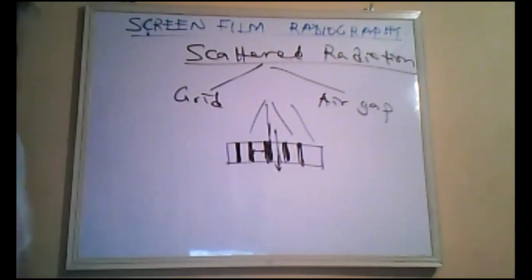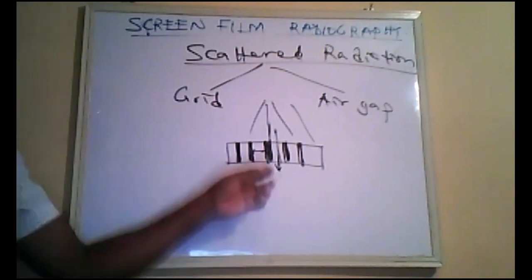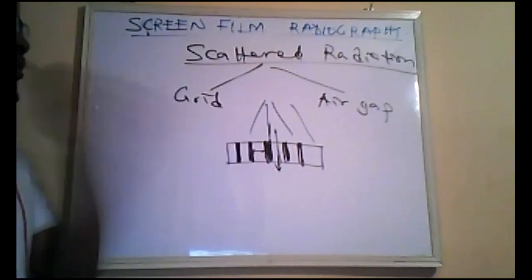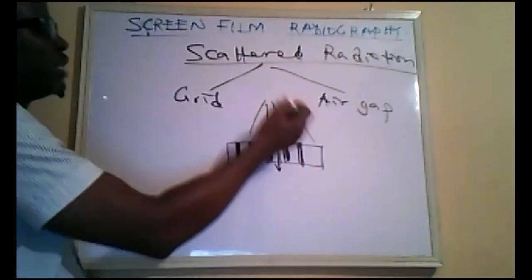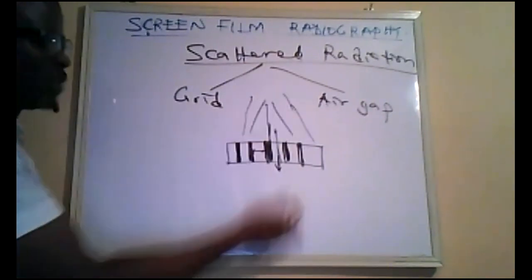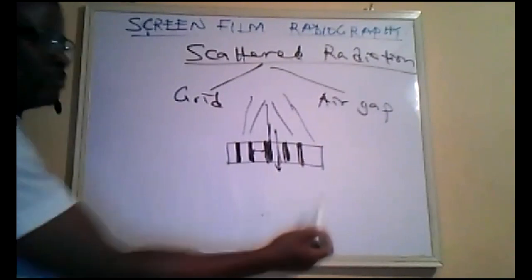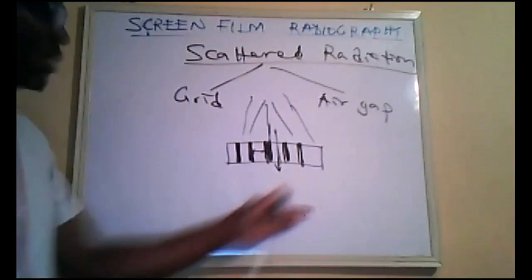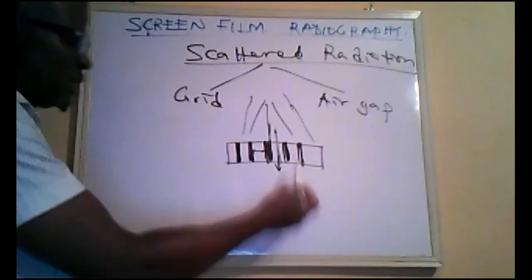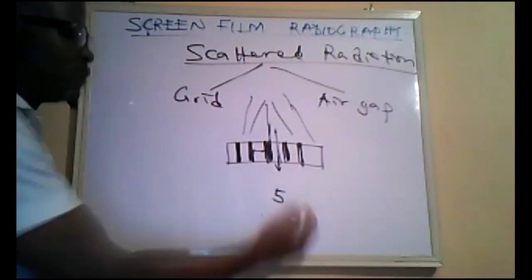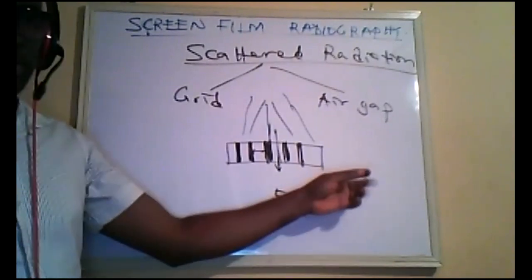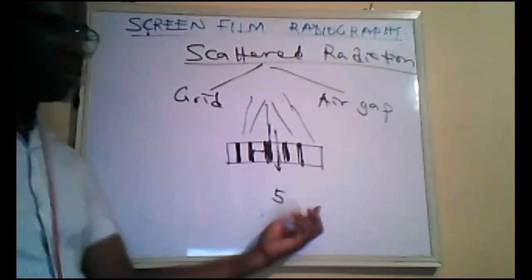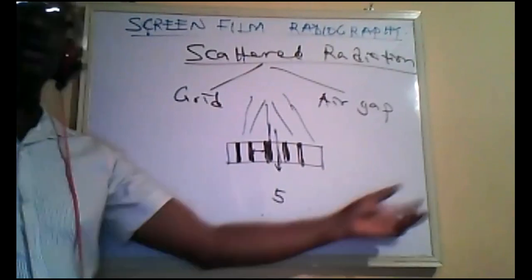So this helps us to reduce scatter radiation, but at the expense of exposure. Assuming you have around 20 X-ray photons that have passed to the patient, because of the presence of the grid, you might have just around 5 photons. Because of this, and you have set the machine using AEC, this might not be efficient in forming the particular optical density you want.